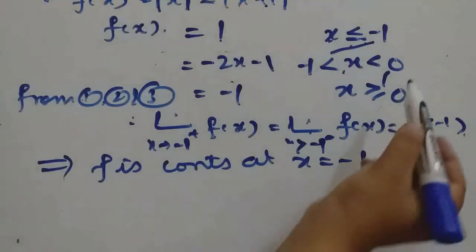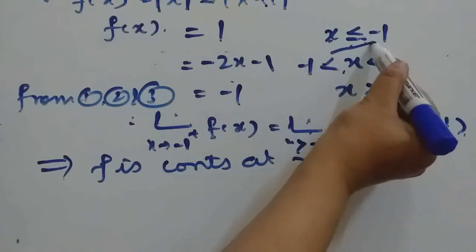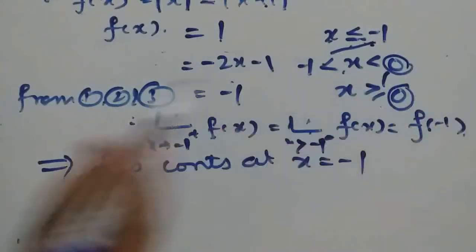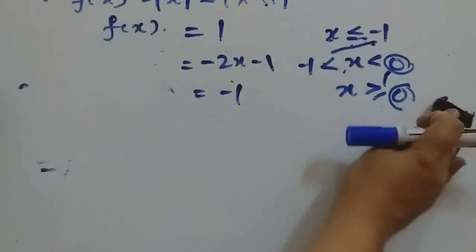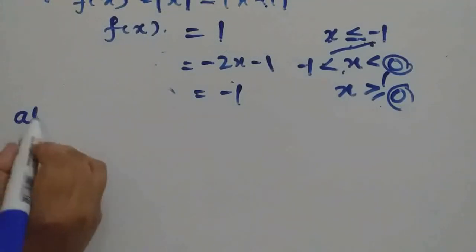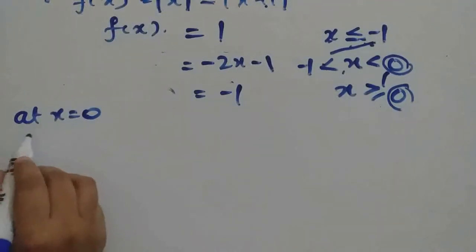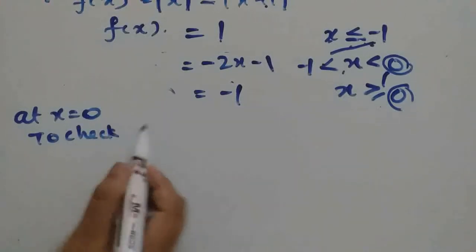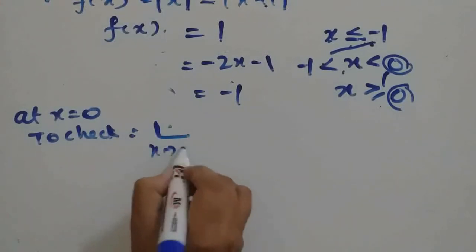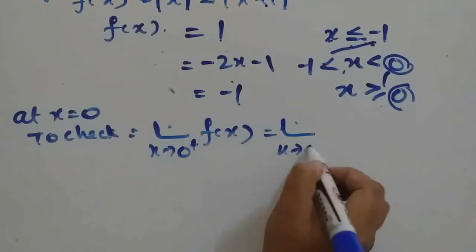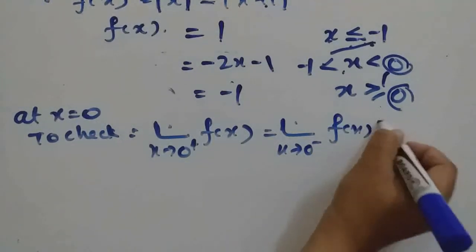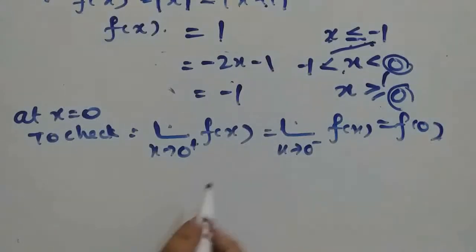After getting continuity at x equal to minus 1, we will check at x equal to 0. To check, limit x tends to 0 plus, limit x tends to 0 minus, should equal f of 0.